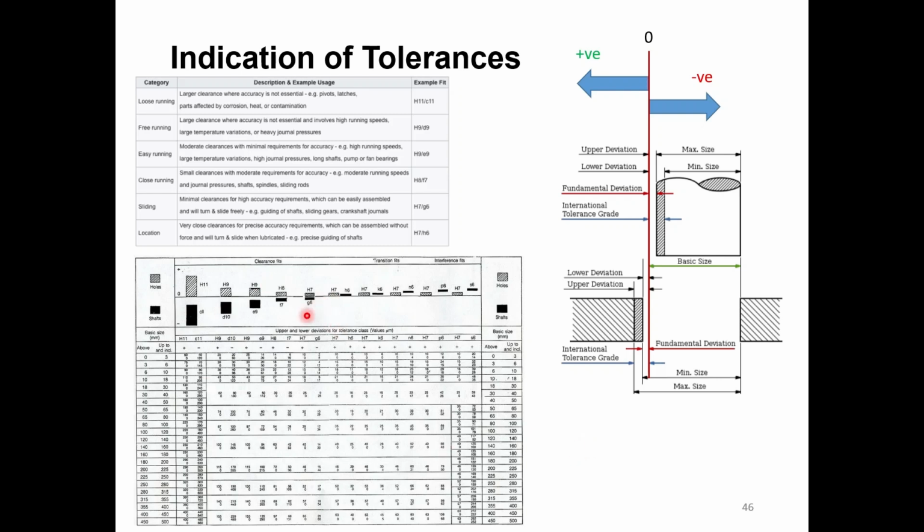Remember when we were showing the dimensions for the threads, it was given like G6 or something like that. So this is where you can get the upper limit and the lower limit for the deviation or the tolerance.